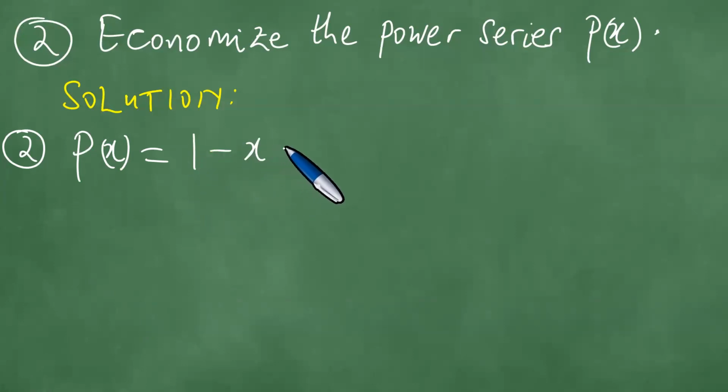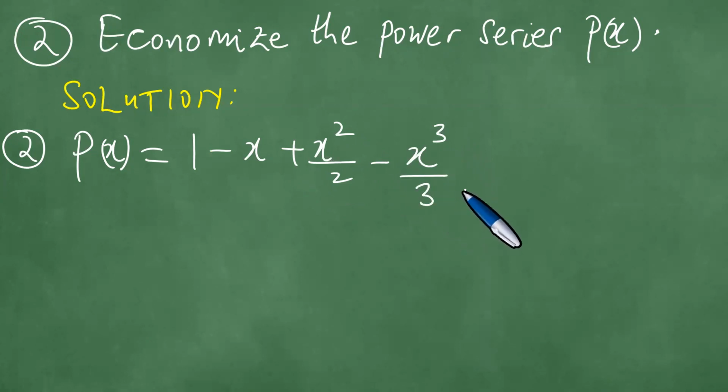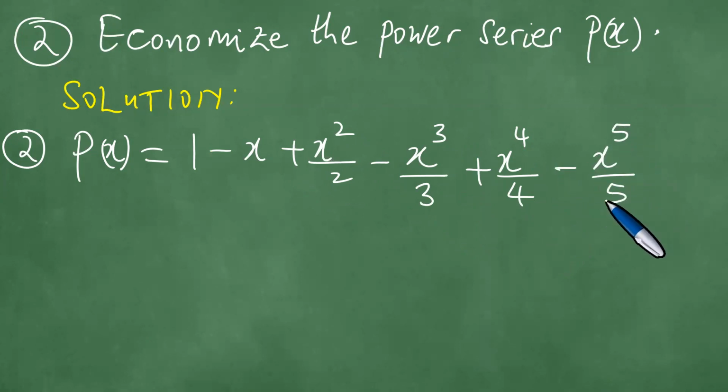One minus x plus x squared out of 2 minus x cubed out of 3 plus x to the 4th power of 4 minus x to the 5th power of 5.